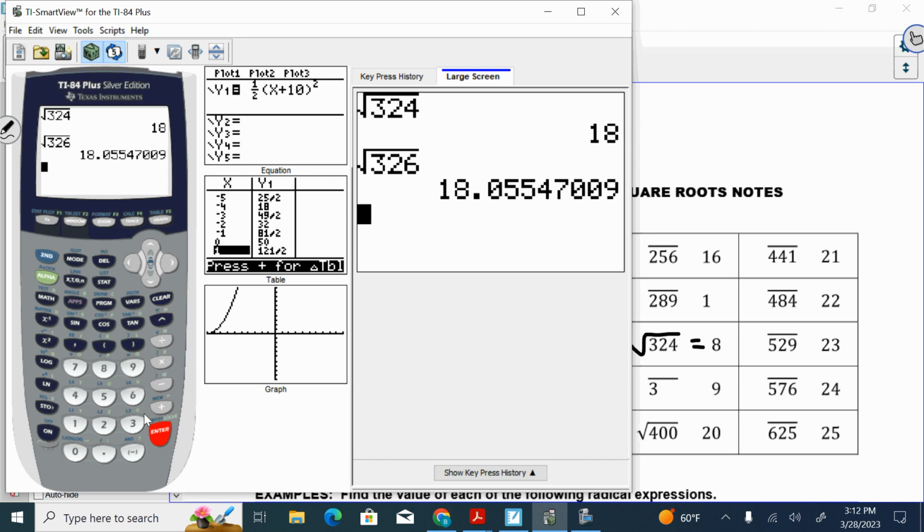A decimal like this is what we call an irrational number. It's a number that has a decimal that keeps going, so at some point you've got to round, right? Even our calculator doesn't go on forever. It stopped right there. So we don't want one of those decimals that goes on forever. We're going to keep it as a square root or a radical answer, but we want to simplify it as much as we possibly can. That's what we're going to do today.